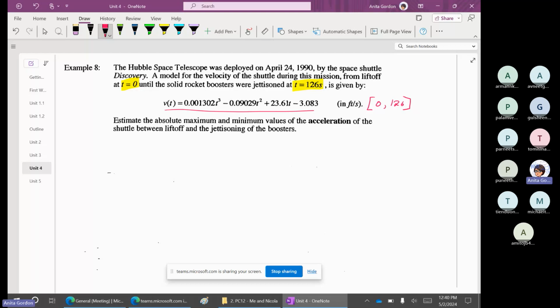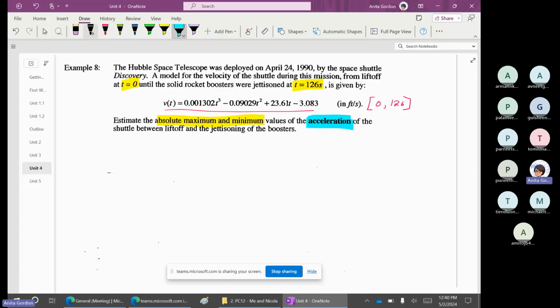Okay, so it says estimate the absolute max and min values of the acceleration of the shuttle between liftoff and jettisoning the boosters. So what we are looking for is the interval, but we're not going to be using the velocity. We're going to be using the acceleration.